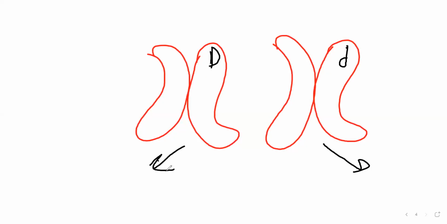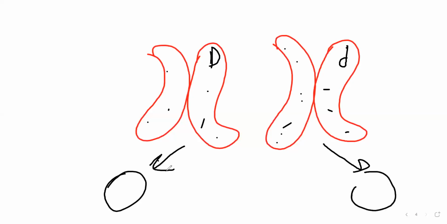And the letters that we are using here are only there to represent the genes that we are interested in this particular genetic cross. That doesn't mean that there's no other genes scattered all around the chromosomes. There's so many, but right now I'm only dealing with the one that gives us fur color. That's why I'm representing it. So during meiosis, these will separate and land in separate gametes that will form.